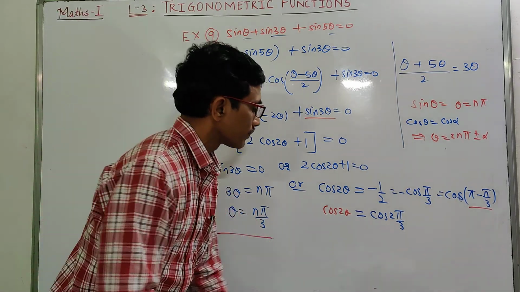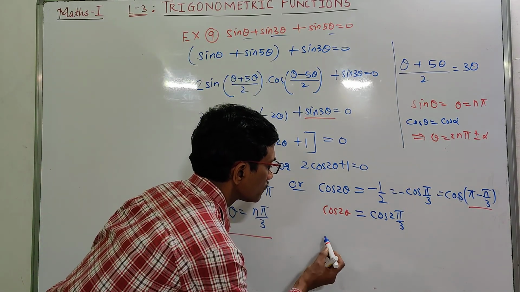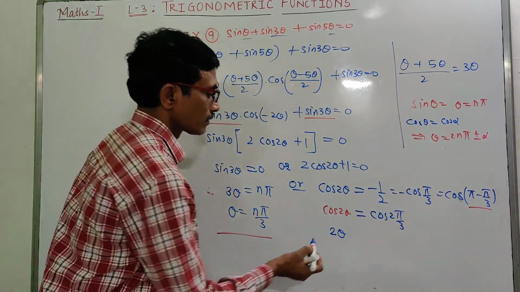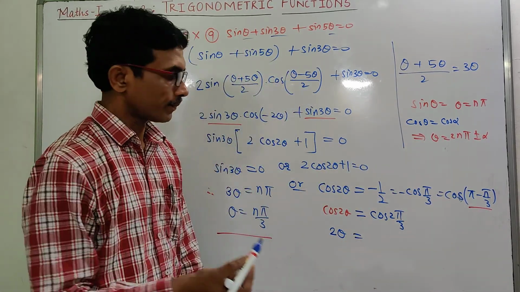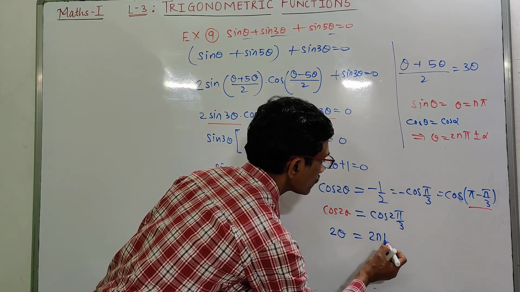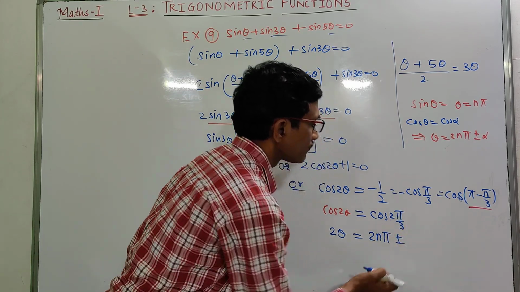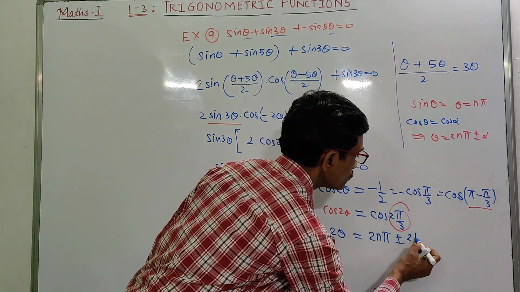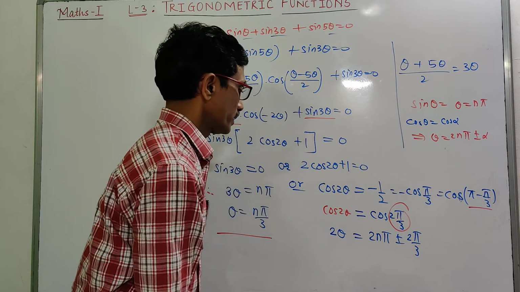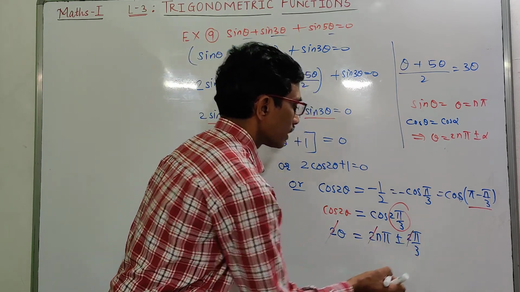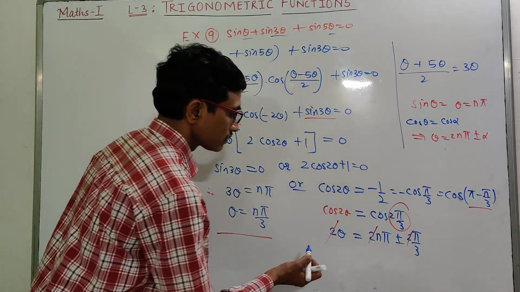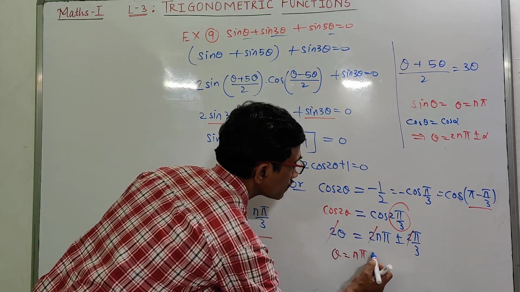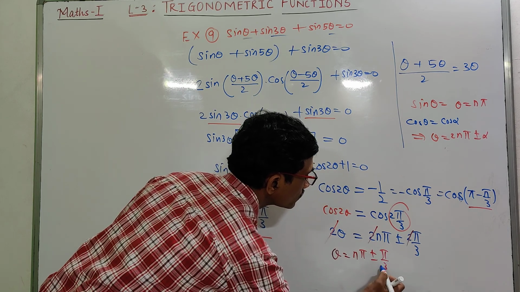Same here we apply: in place of theta there is 2 theta, so 2 theta is equal to 2n pi plus minus alpha. Alpha is this, 2 pi by 3. We can cancel this 2 and we are getting theta is equal to n pi plus minus pi by 3.